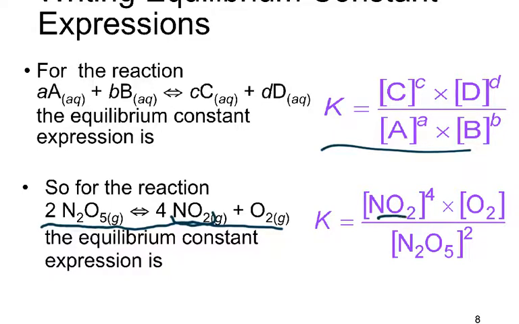So NO2 raised to their coefficients, 4 times oxygen raised to its coefficient, which is a 1, so we don't necessarily write it, divided by our reactants, N2O5 raised to its coefficient of 2. So overall, our K is our products raised to their coefficients divided by our reactant raised to its coefficient.